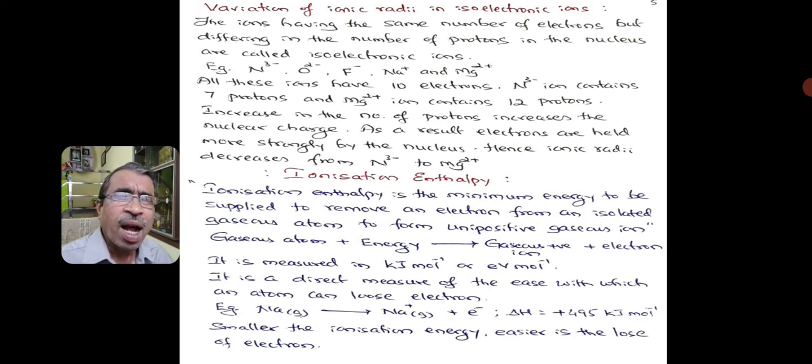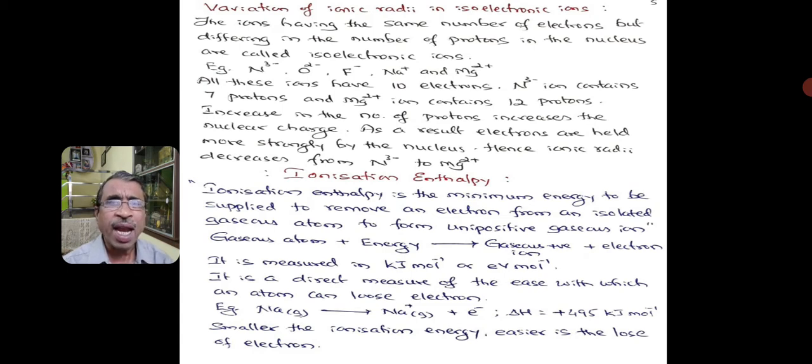Coming to another aspect, that is ionization enthalpy. Ionization enthalpy is the minimum energy to be supplied to remove an electron from an isolated gaseous atom to form a unipositive gaseous ion.